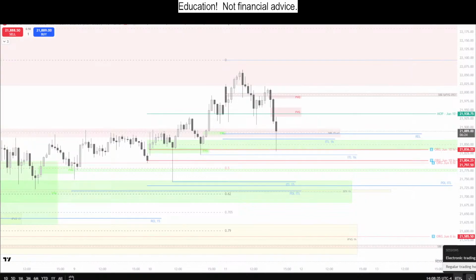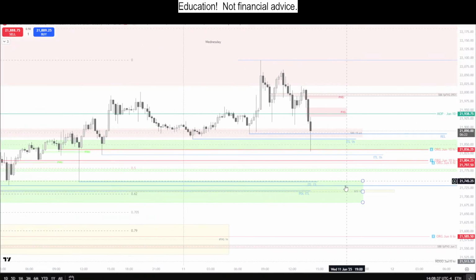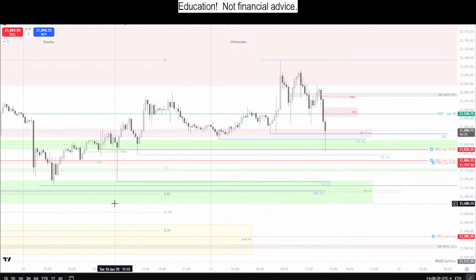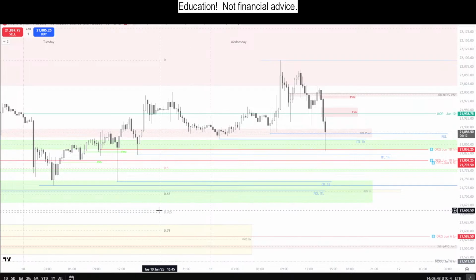New day opening gap, I also don't yet have on the chart from yesterday, 6 p.m. All right, so there wasn't much of a gap here either on the 15-minute time frame, between the close of this candle and the open of that candle.